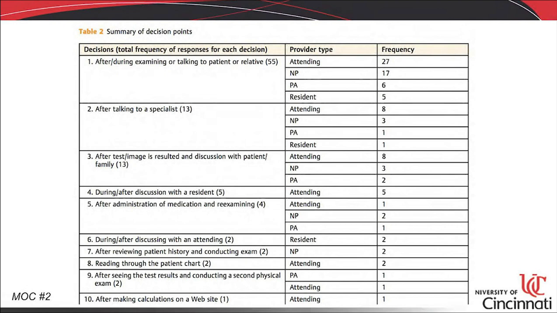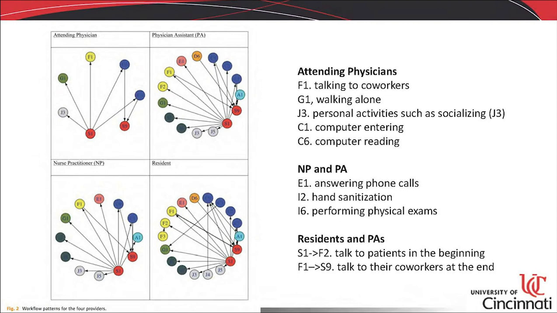So let me show you a little more detail about this. If you're interested in looking at the paper, these are the different decision points summarized from the qualitative data. These are the frequent patterns from sequential pattern mining, and then we summarize them based on the clinical role.